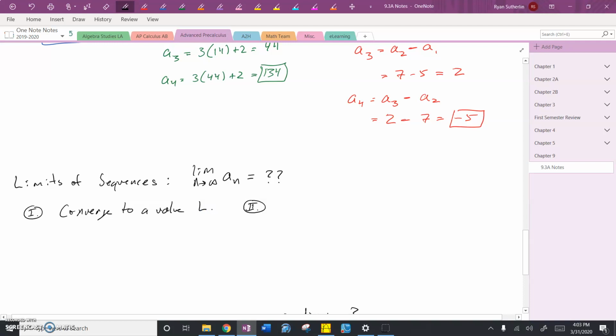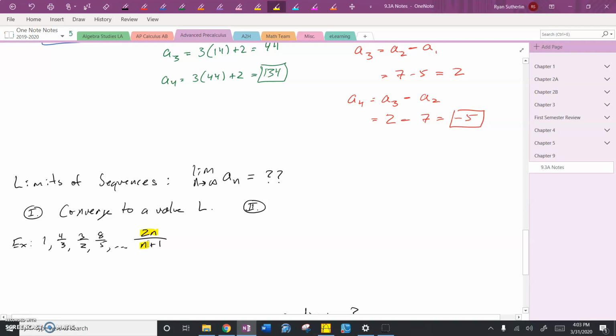So for instance, let's say I had the sequence that went 1, 4/3, 3/2, 8/5, where it's the sequence 2n over n plus 1. Well, I want to know what happens as n goes to infinity. Well, if you remember from rational functions, do you see how those are the same degree?